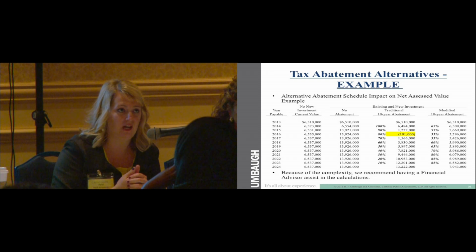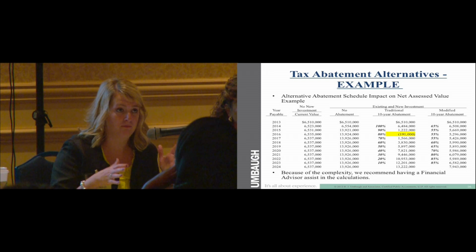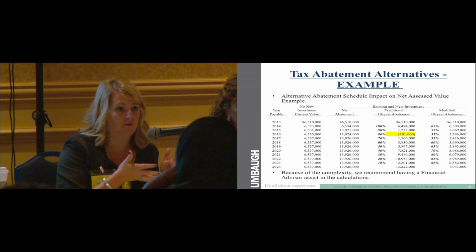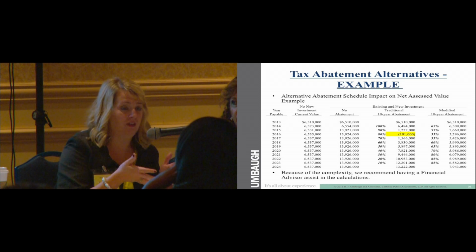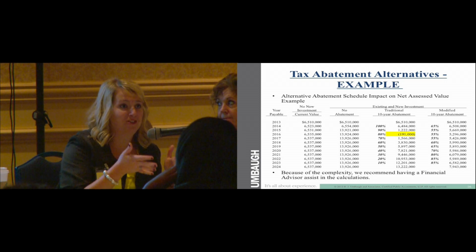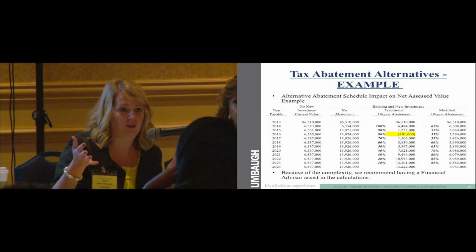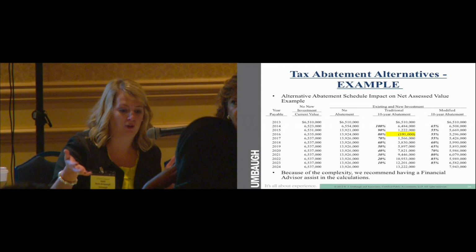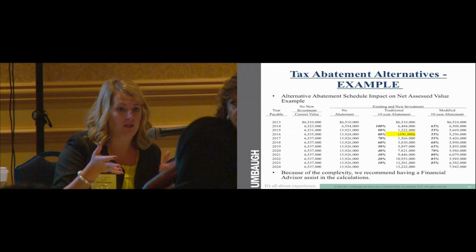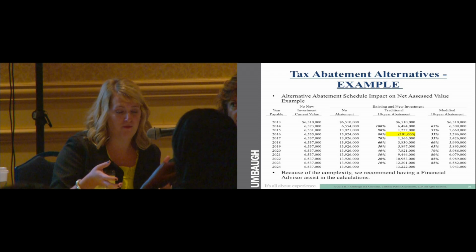One thing that can happen is if there is existing equipment that has been receiving an abatement, and a new company or an expansion wants to locate new equipment and get an additional abatement on top of that.